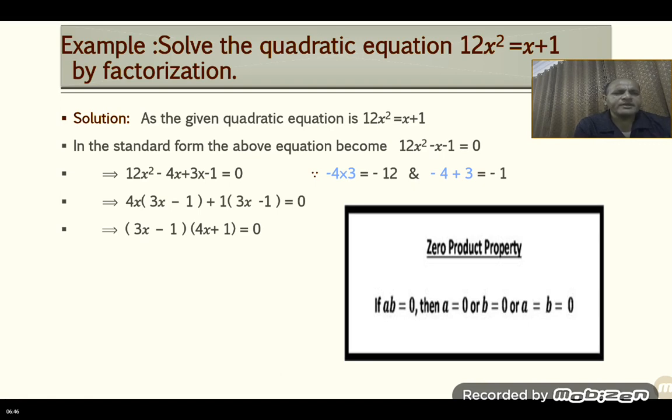Here we see that 3x minus 1 is one factor, 4x plus 1 is another factor, and their product comes out what? 0. So using this property, either 3x minus 1 is equal to 0 or 4x plus 1 is equal to 0. Now what are these? These are the linear equations whose solution we have discussed in the previous video. So how to solve these equations?